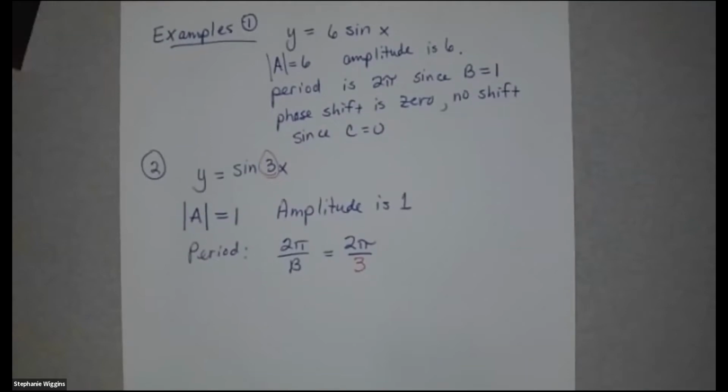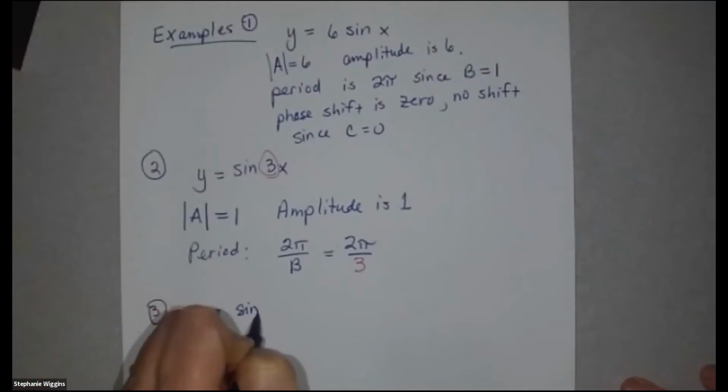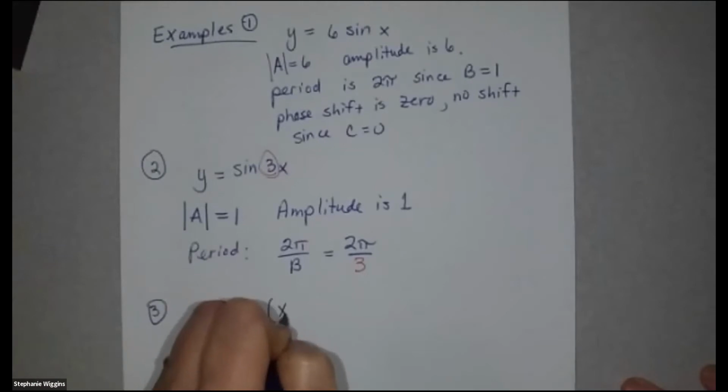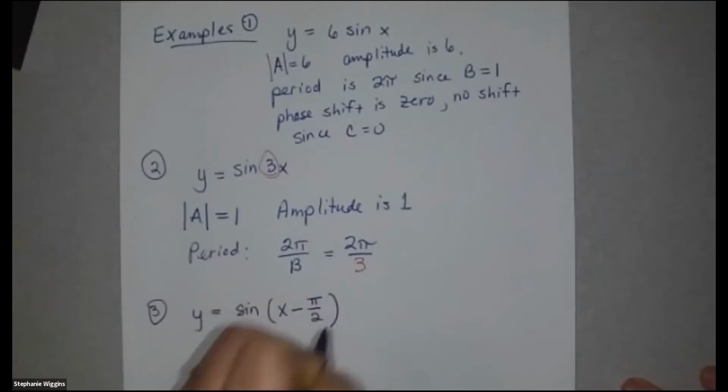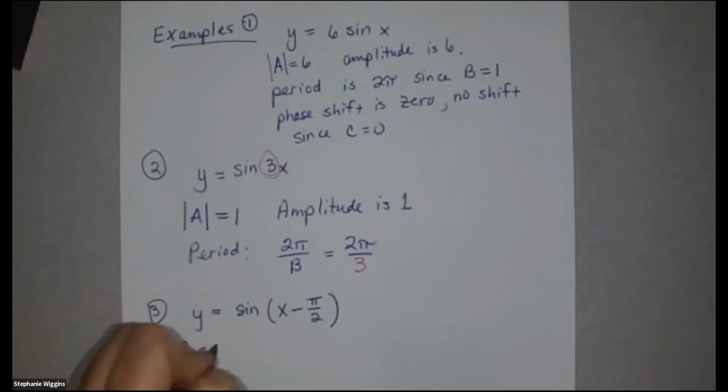All right. Now, A equals 1, so the amplitude is 1. B equals 1, so the period is 2 pi.